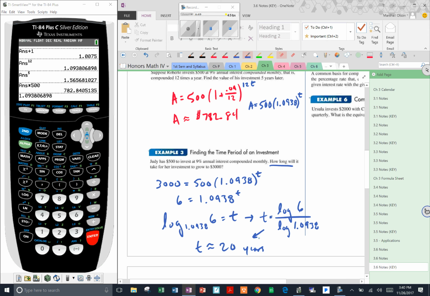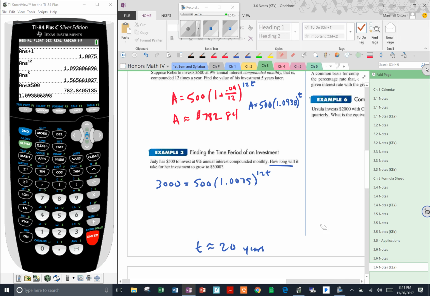Okay. If you look at my answer key online, the answer key for the notes online, I actually left this as the 1.0075 and then left this as 12t. So I didn't take it to the 12th. And then I went through this process when I switched forms.